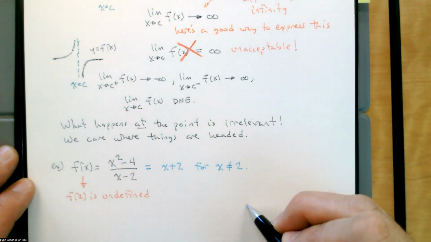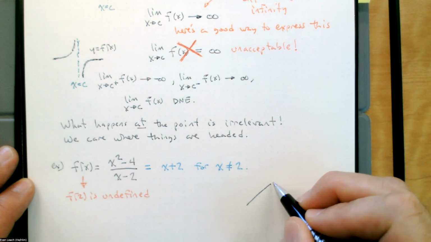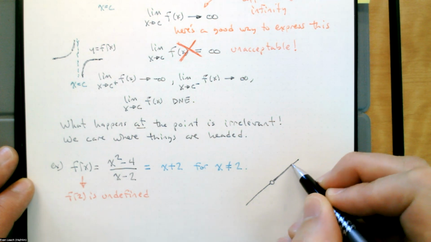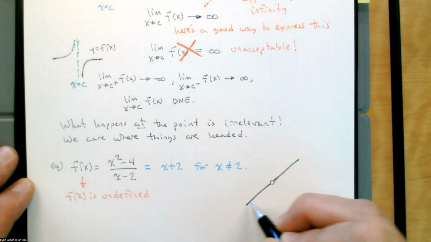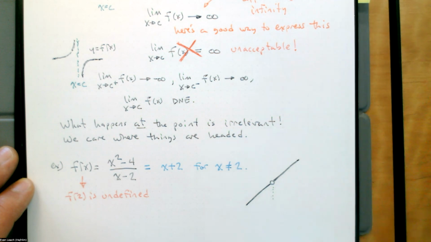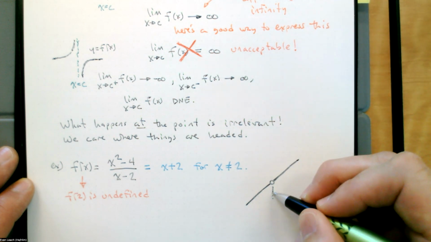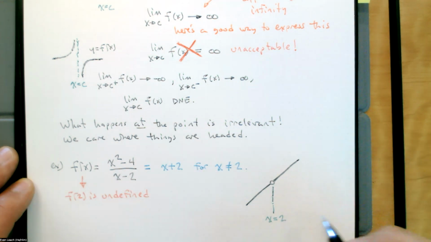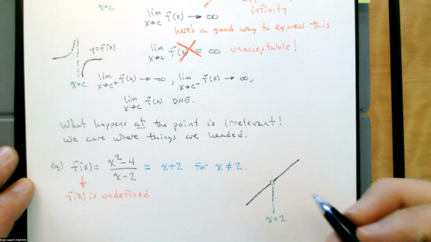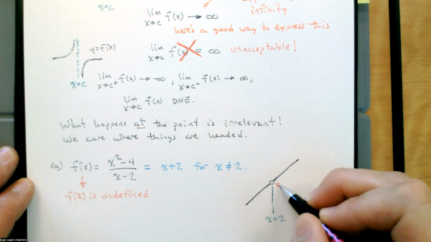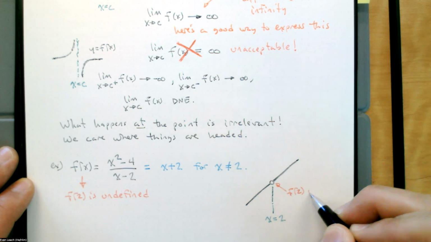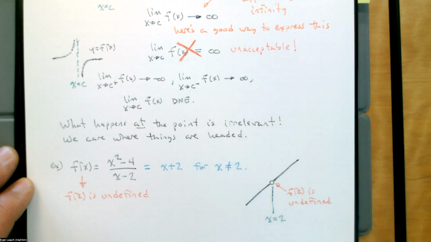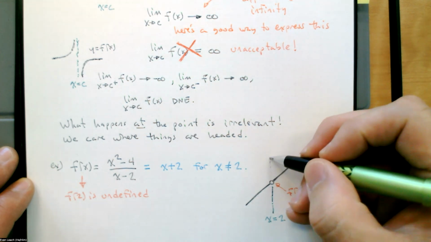So we just draw the function x plus 2 until we get to 2, where we stop and then pick it up afterwards. F of 2 is undefined.